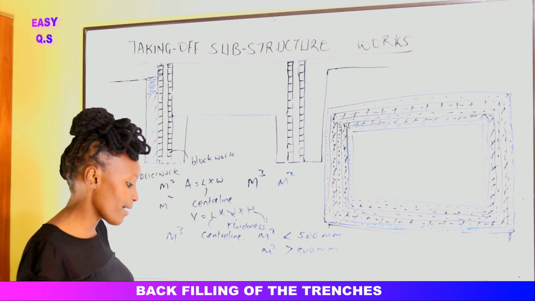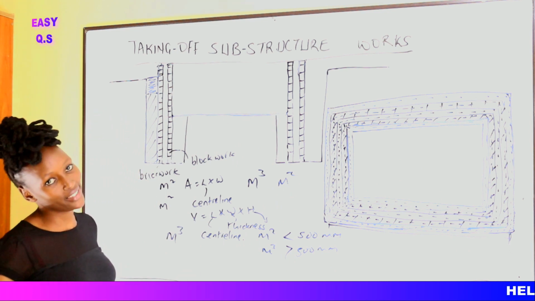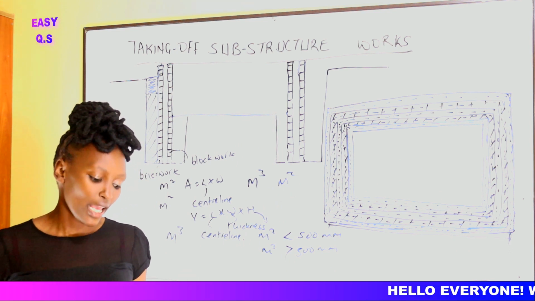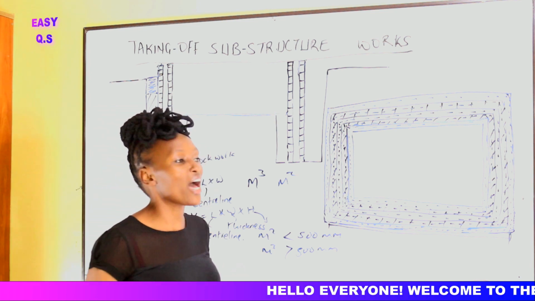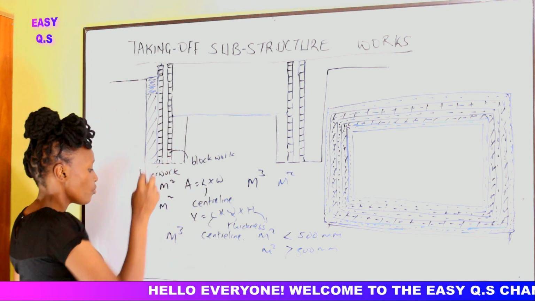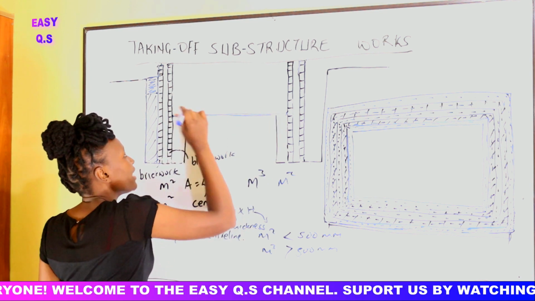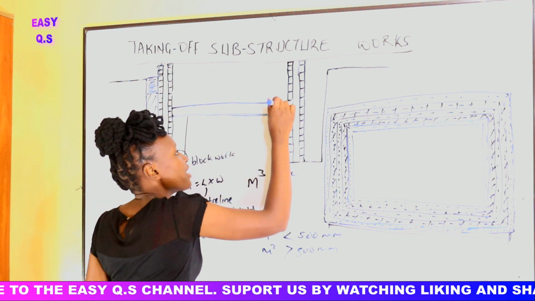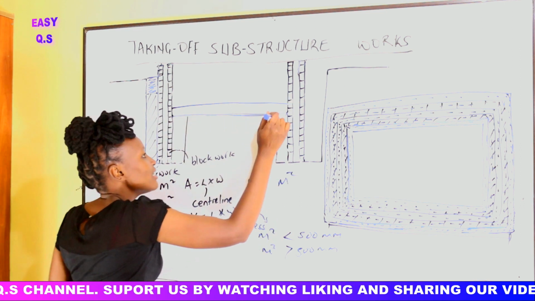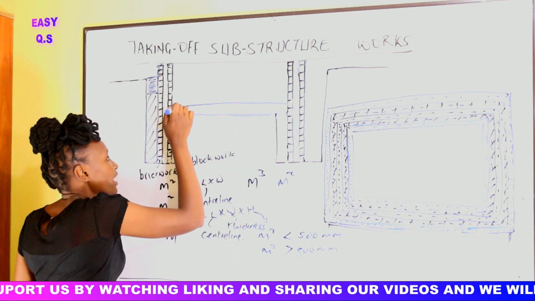Alright, so the next item after compacting the ground, we need to fill to make up the levels with hardcore. After compacting, we just need to do some hardcore. Here we had hardcore, and here now we need to do another layer of hardcore. We just compact, then we come and do hardcore here.